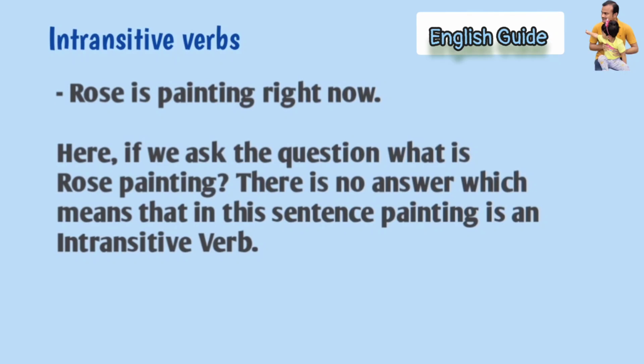But here it is not clear what Rose is painting. The object is not there for the action. So if we question what Rose is painting, we don't have any answer. So this painting action comes under intransitive verbs.